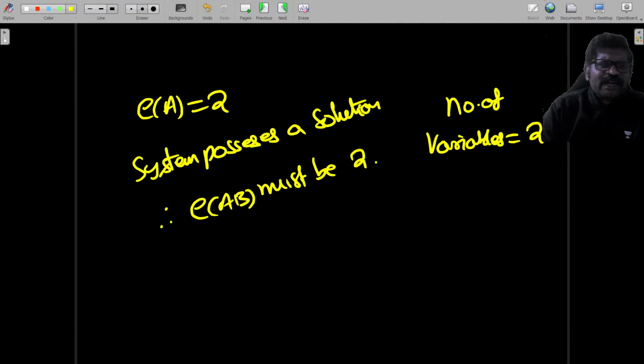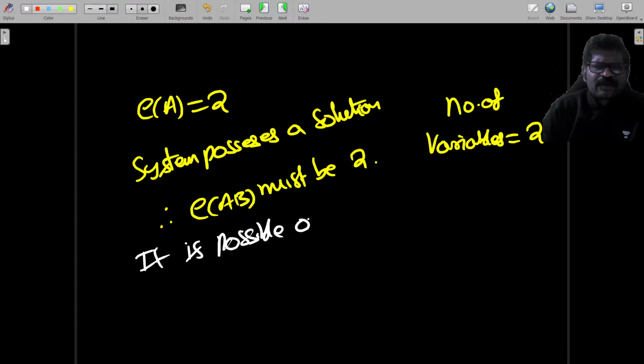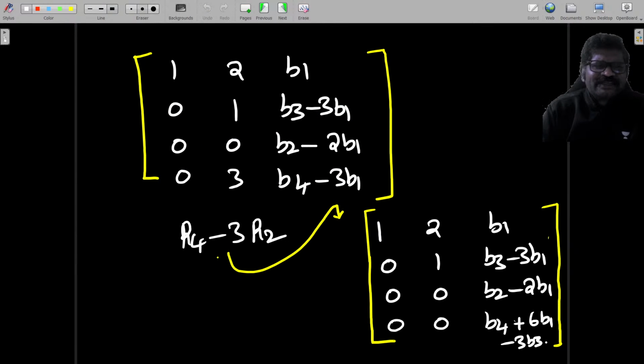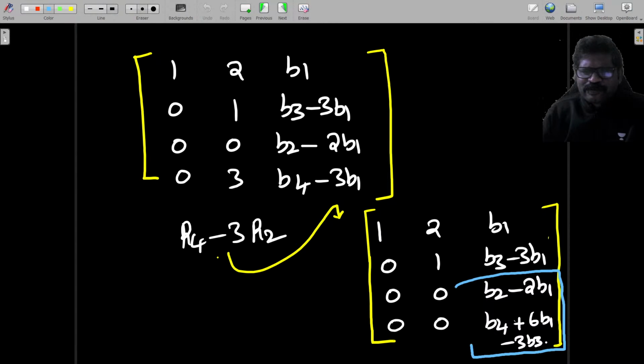It is possible only when these two entries must be equal to 0. This entry and this entry must be equal to 0.